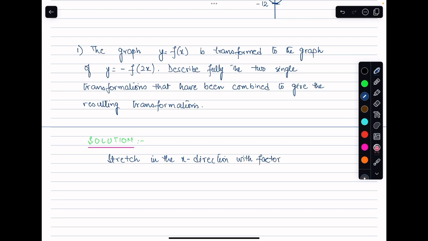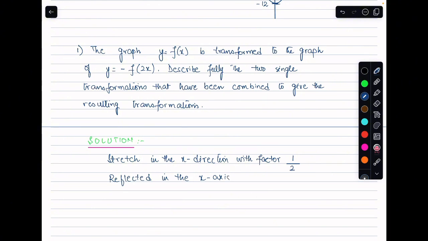I have to write the stretch factor as a reciprocal or an inverse. So I would say with the stretch factor 1/2, and then the negative sign outside the function shows that it's also getting reflected. It's getting reflected in the x-axis.